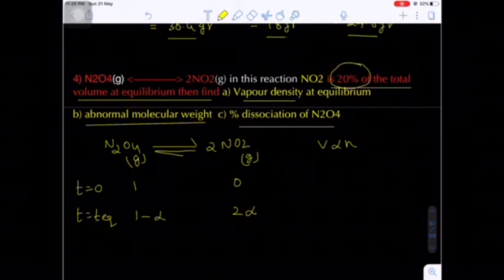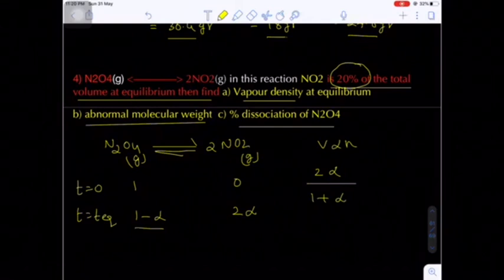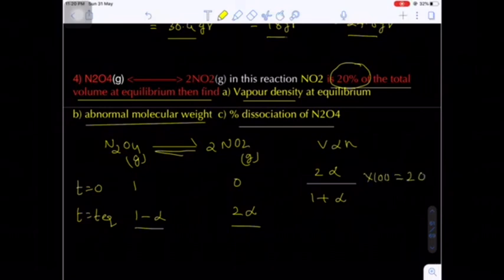Now, what is the percentage by volume given in the question? NO2, how much percentage is given here? 20% is given. So what is the number of moles of NO2? 2 alpha, whole divided by total moles 1 plus alpha. How? 1 minus alpha plus 2 alpha, that is 1 plus alpha, into 100 is equal to 20%.